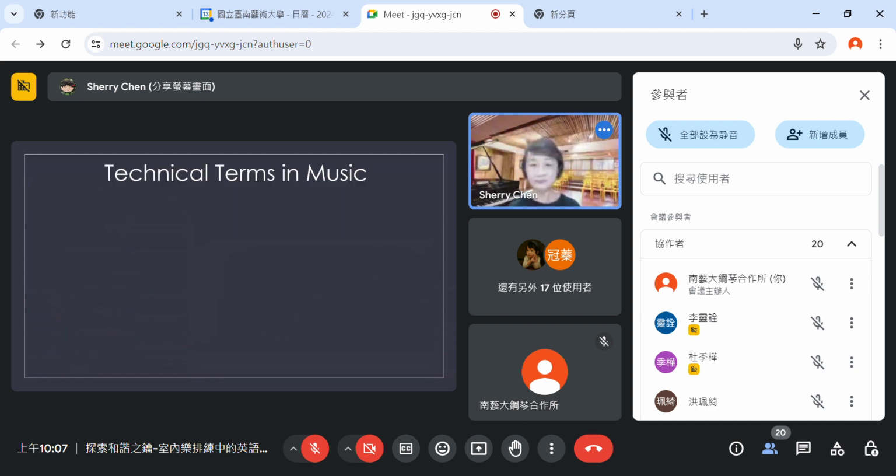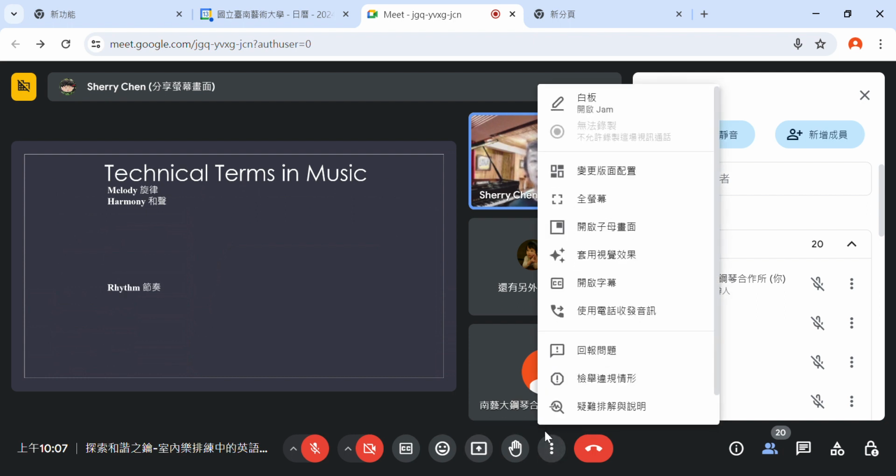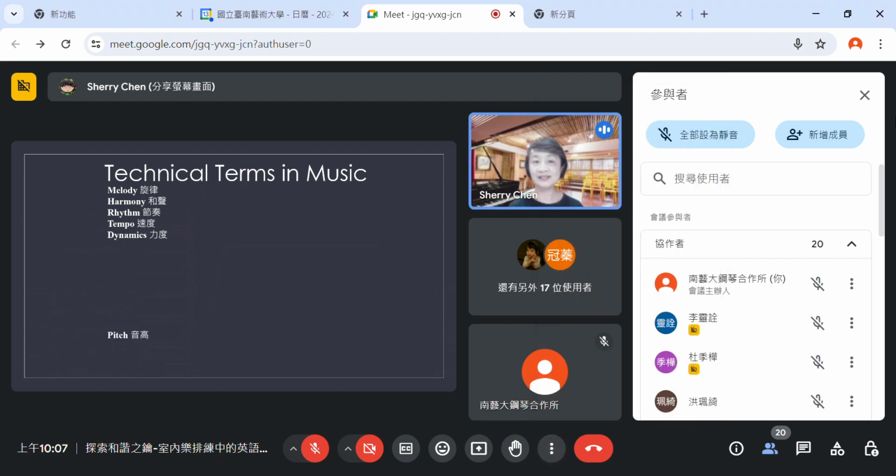Okay, so just to review some of the technical terms, melody. These are some of the terms that we'll be using during the conversation following. Melody, harmony, rhythm, tempo, dynamics, pitch, octave, interval, timbre.